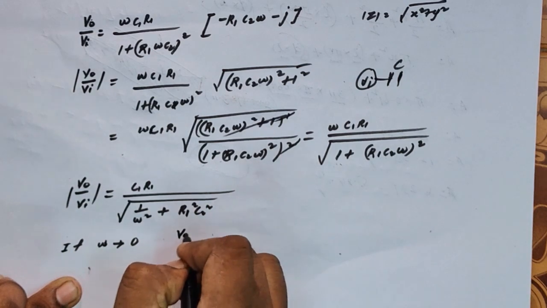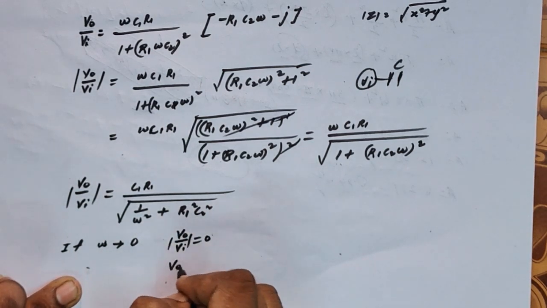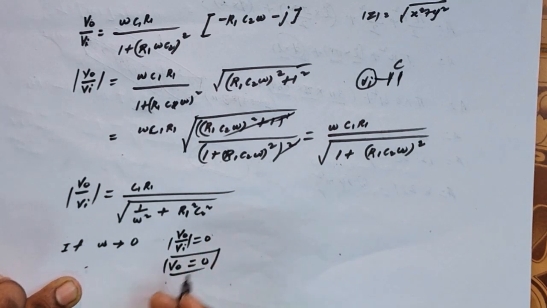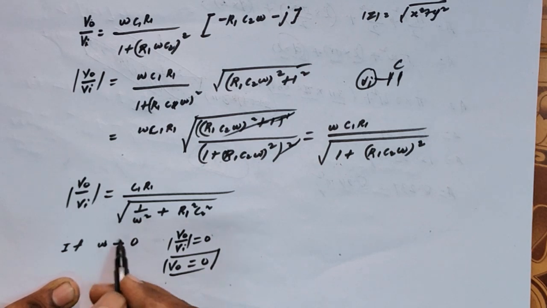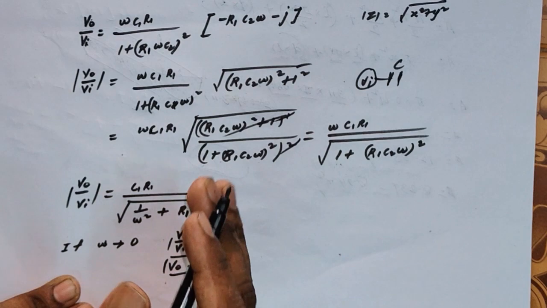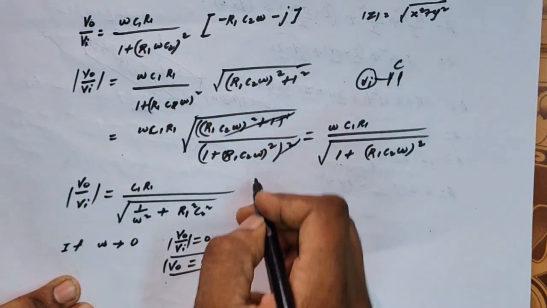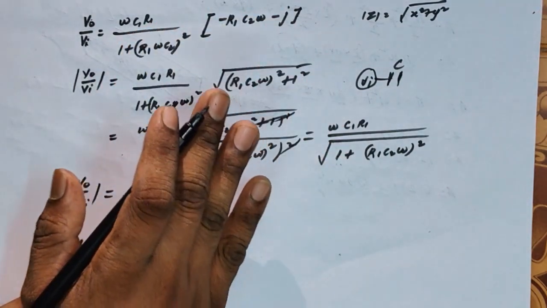That means V naught by Vi goes to 0, the magnitude, and the output voltage goes to 0. For any input voltage corresponding to frequency 0, that means the lower frequency, there is no output voltage. That means the given circuit will block the lower frequency wave. So it won't act as a low pass filter.